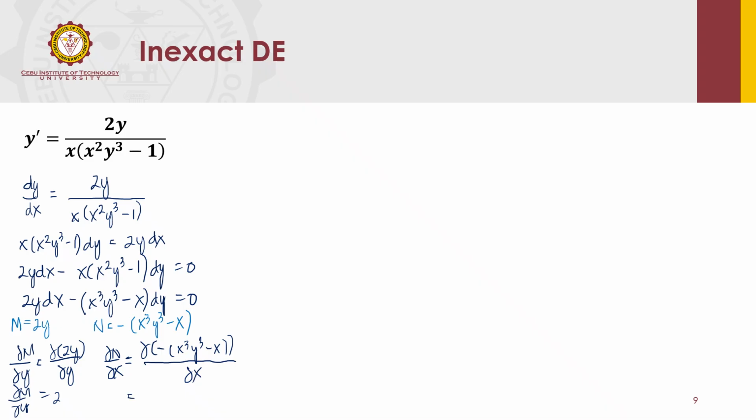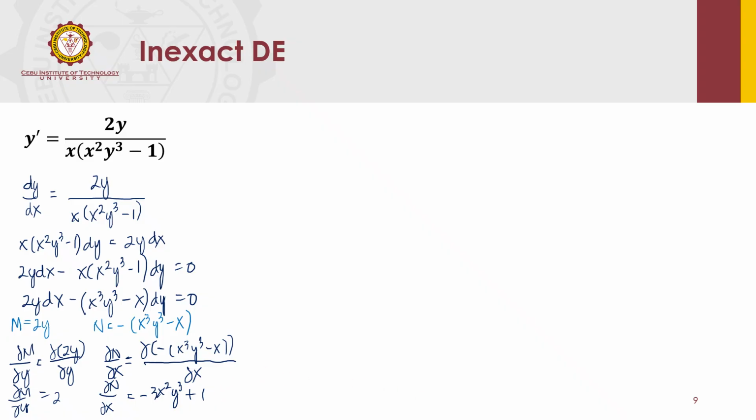For the first term, that's negative 3x squared y cubed, and for the second term, it's plus x, meaning plus 1. Or you can put the negative sign first, and then find the derivative of these two. Not necessarily do you have to distribute the negative sign. So obviously, the two are not equal, so it's an inexact differential equation.